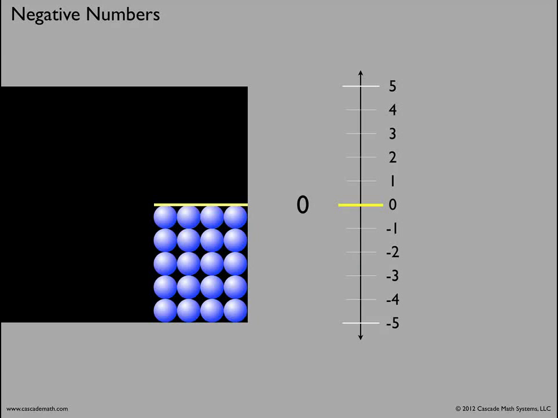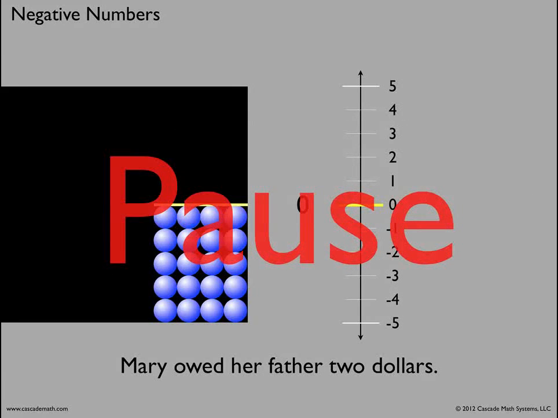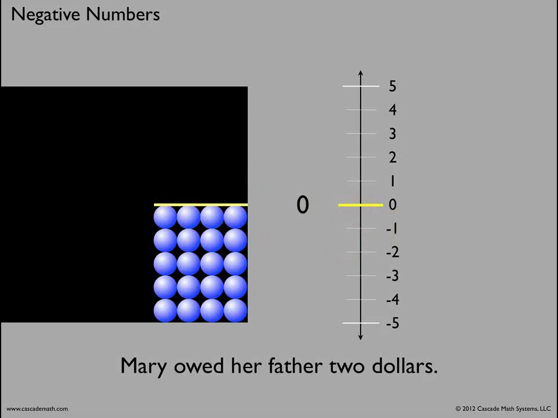Now I'm going to give you some situations and you represent them using positives and negatives. Mary owed her father $2. Here's how I represented it. Since Mary owed her father money, this meant she had a negative amount of money, and I represented it by a negative 2.